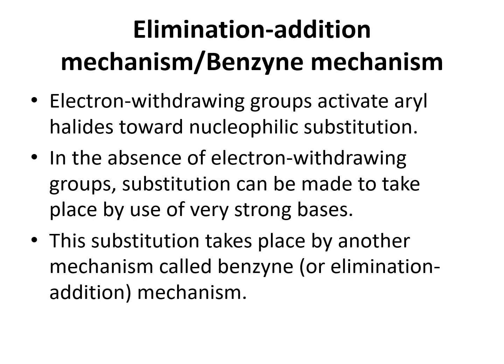The substitution that takes place by this mechanism is called the benzyne mechanism or elimination addition mechanism. For this, we must use a very strong base as well as very high temperature.